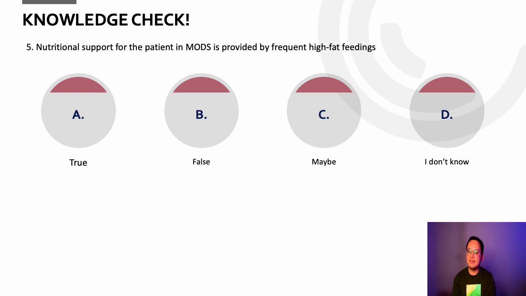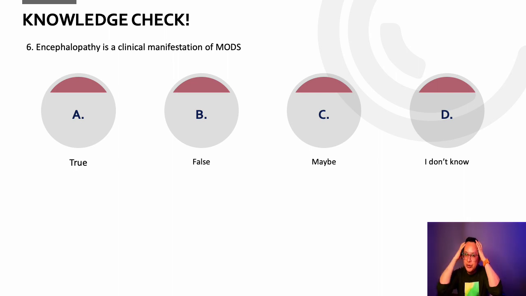Number 5. Nutritional support for patients in MODS is provided by frequent high-fat feeding. A, true. B, false. C, maybe. D, I don't know. Number 6. Encephalopathy, swelling of the brain, which I think I already mentioned, is a clinical manifestation of MODS.